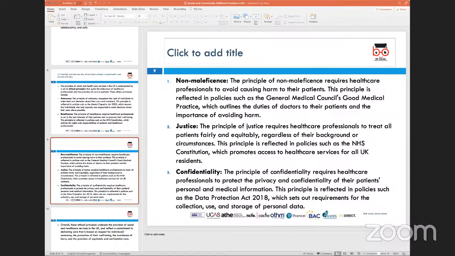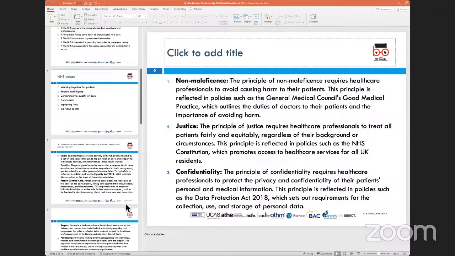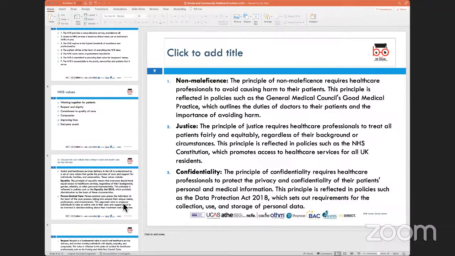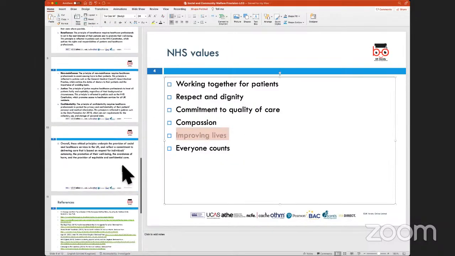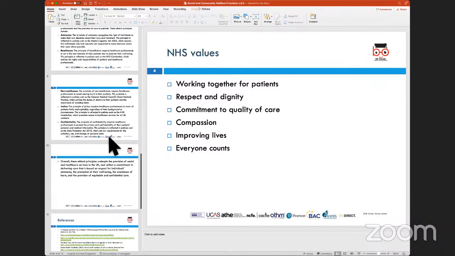So here, the healthcare professionals are expected to keep this in regard, that when they provide services, it is also matching up with the NHS value of ensuring that the NHS provides services to each and everyone, which would help in improving their lives.